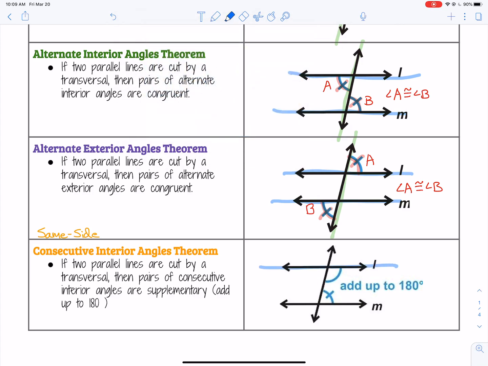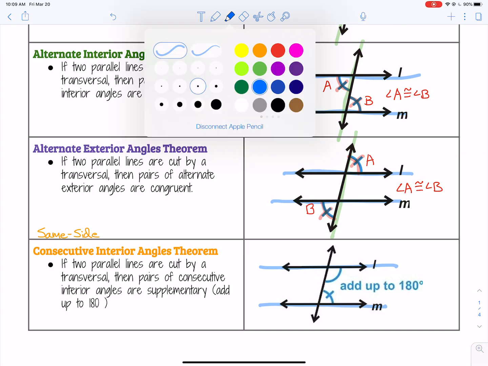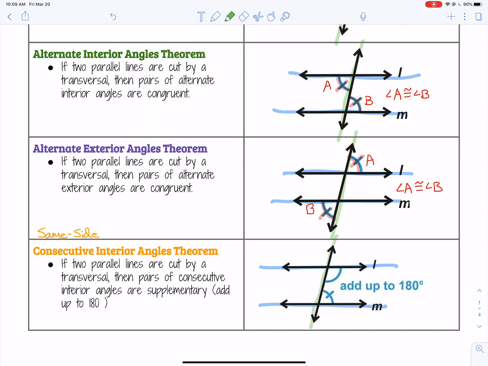So we have parallel lines cut by a transversal, and these angles sit on the same side, so they're not alternate. Notice one has a tick mark and one does not. They are not equal to one another. They just would add up to 180 degrees. So they sit beside each other. That's why we call them same side.